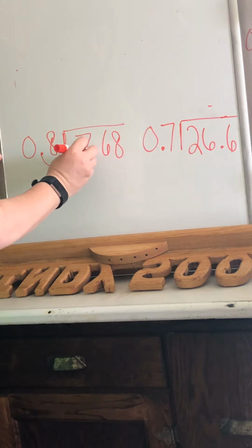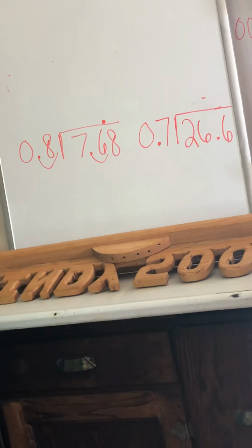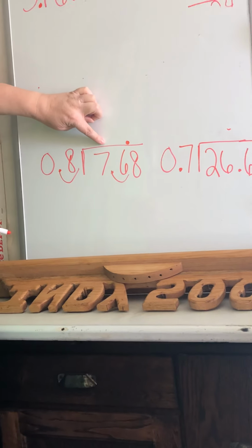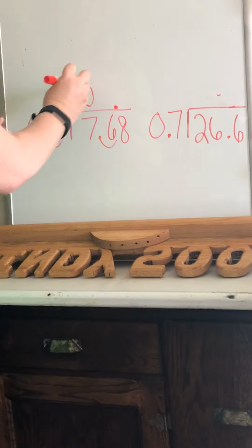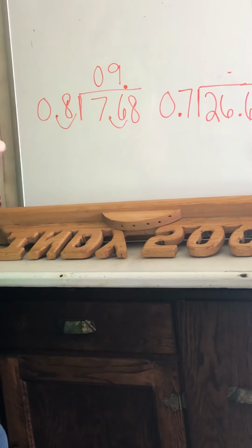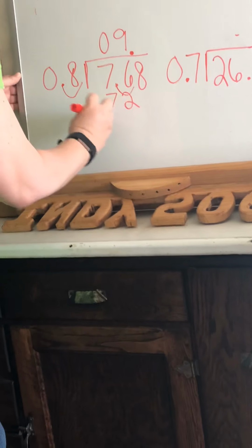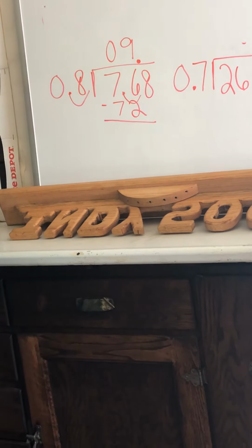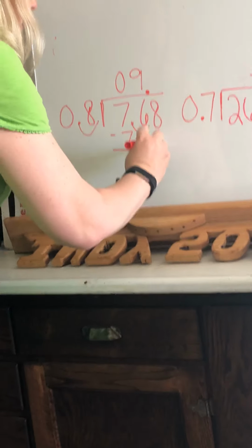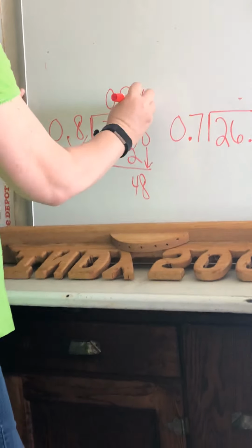So I've got to move this 1 time, and I'm going to go ahead and place that decimal right now before I forget. Okay, 8 can't go into 7. If you want to put a 0 there, it's fine. 8 can go into 76 9 times. 8 times 9 is 72. Well, 76 minus 72 is 4. Bring down that 8, and 8 goes into 48 6 times.